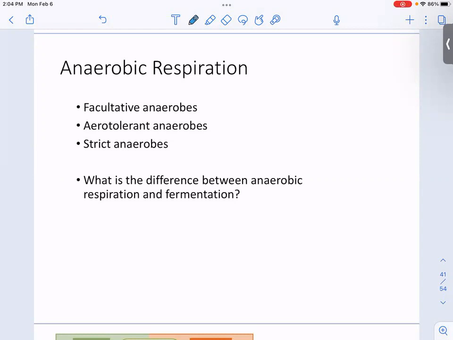So here's a key point. What's the difference now between anaerobic respiration and fermentation? It really depends on the fate of pyruvate. Okay, what happens to pyruvate? That's like a huge branch point. Or pyruvic acid, same thing.